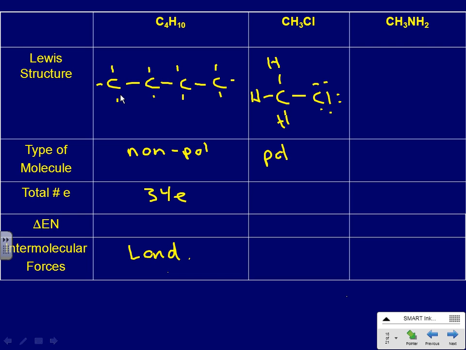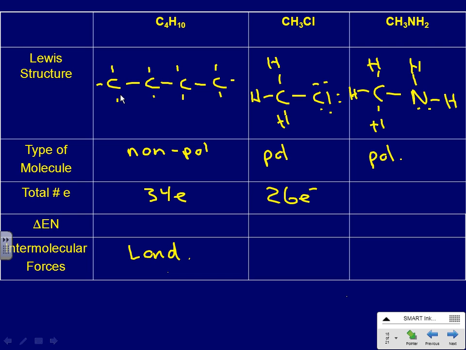The electrons are being moved towards the Cl. Total number of electrons? 26 electrons. And here we've got CHH and HH. Okay. Lone pair. Again, due to the N, you can calculate the delta ENs, but due to the N, it's going to be polar.